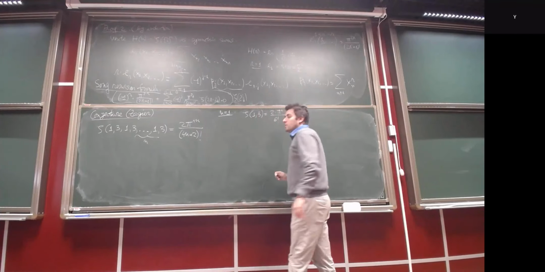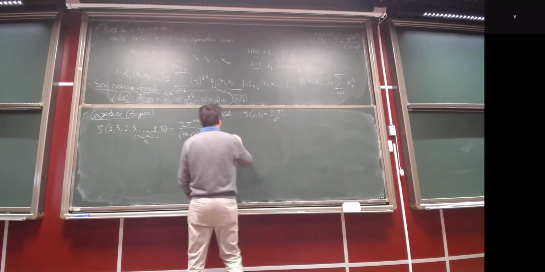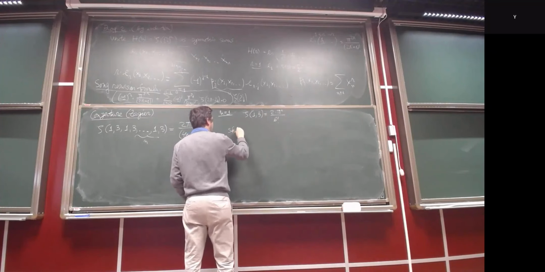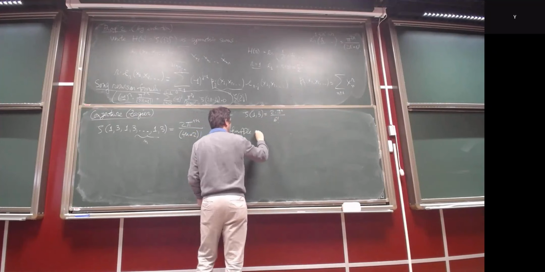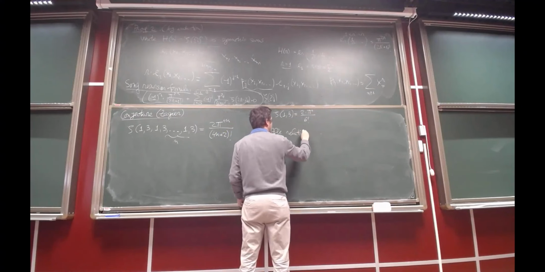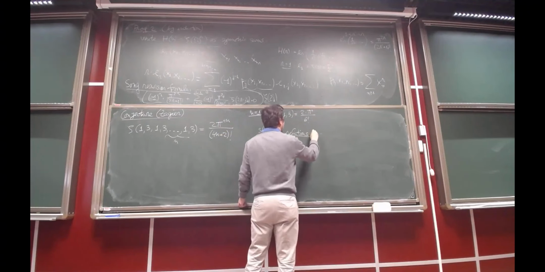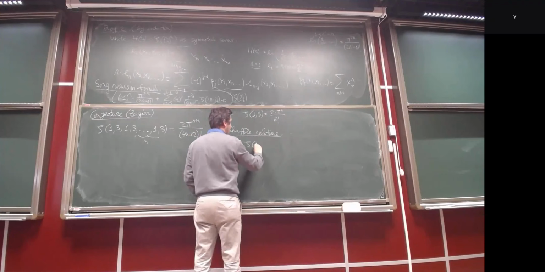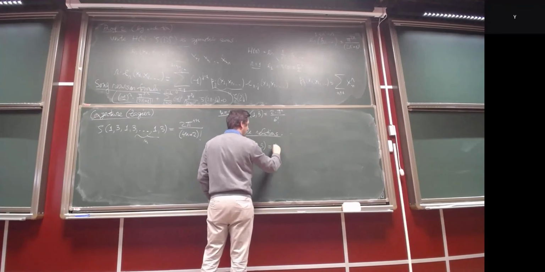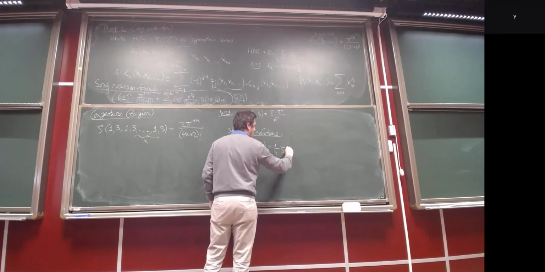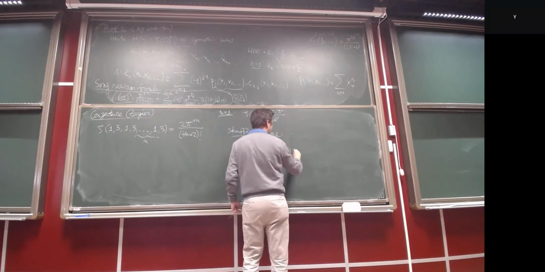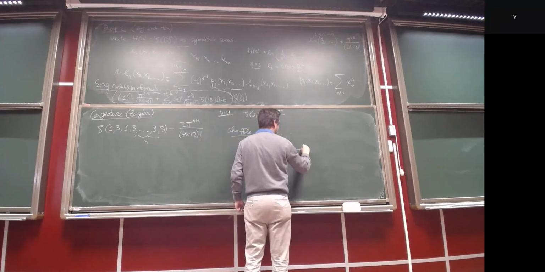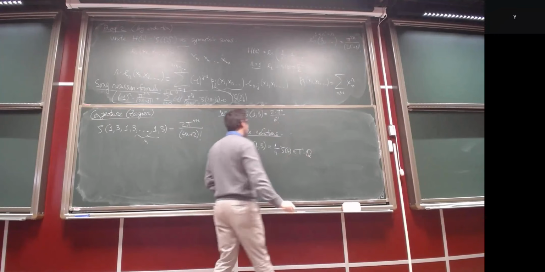And in fact, we proved from the shuffle relations that zeta of 1, 3 is 1 over 4 zeta of 4. In any case, again, this is like pi to the 4 times the right hand.